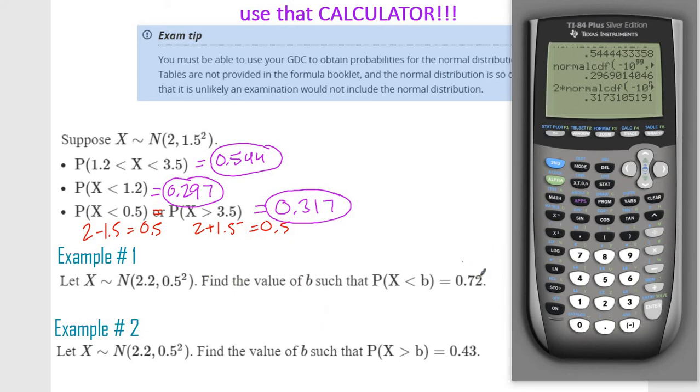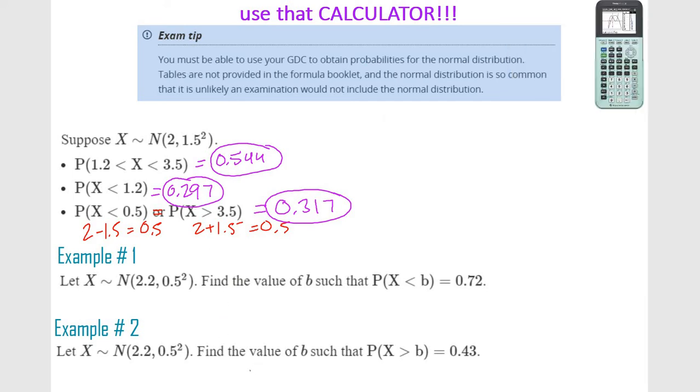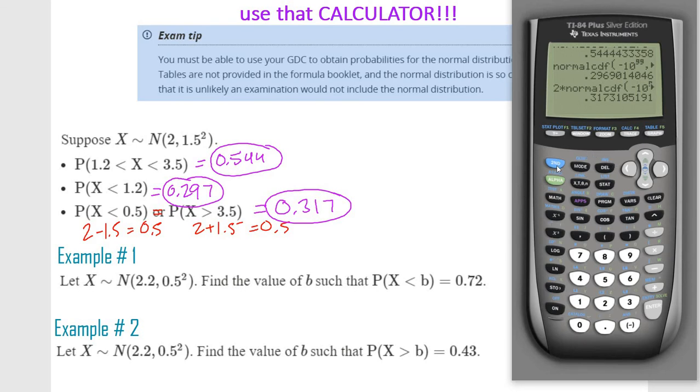Okay, so what if you know the area, but you want to find the x value? So what that interval is going to be. I really think you're going to like this. So we go to second vars, and now we're going to do the inverse norm. So we're doing the inverse.